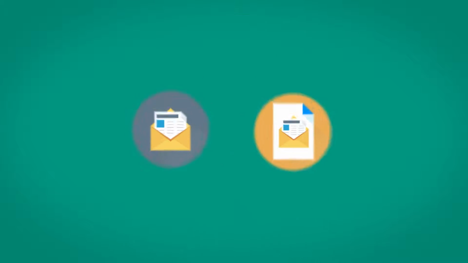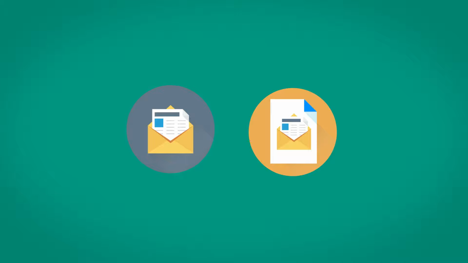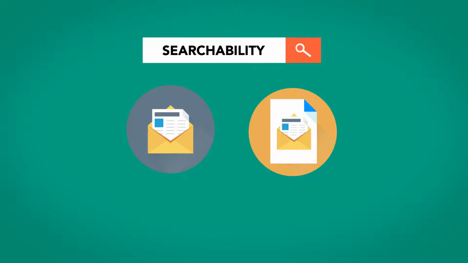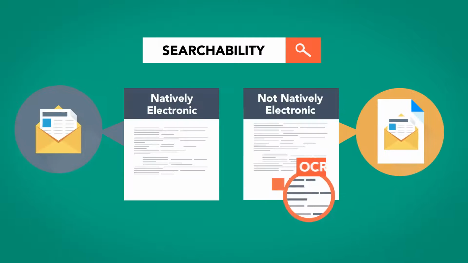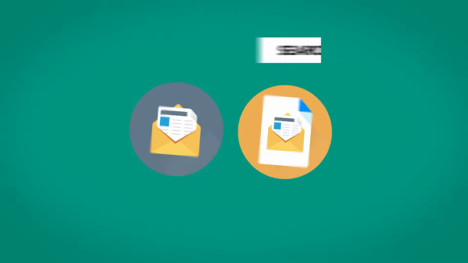The difference between those two types of documents has to do with searchability. Search tools called optical character readers, or OCR, are needed to search scanned documents. Native electronic documents can be searched through their own formats. This means that e-discovery platforms need to include a variety of search mechanisms.